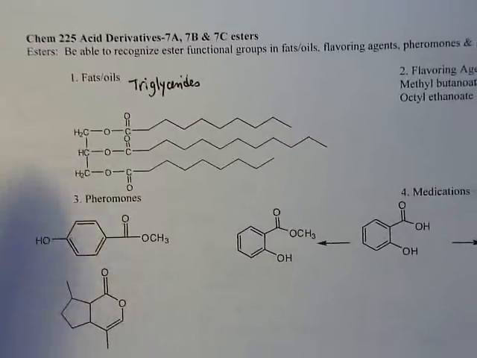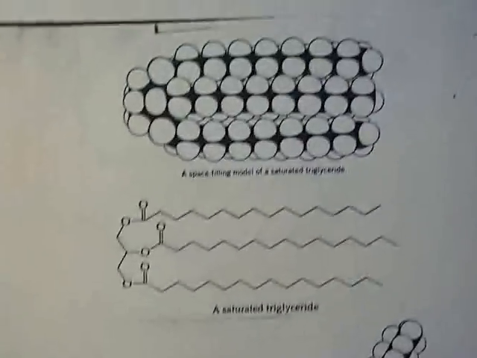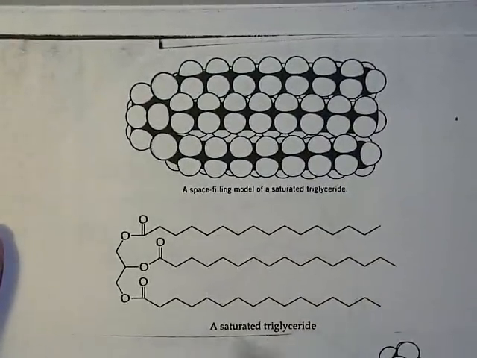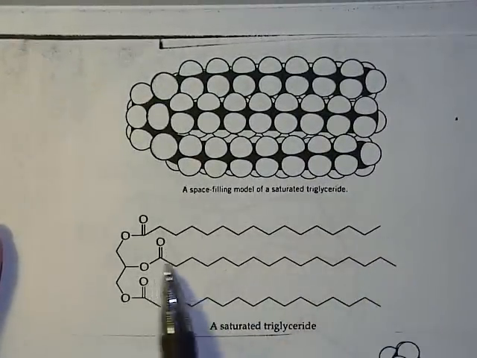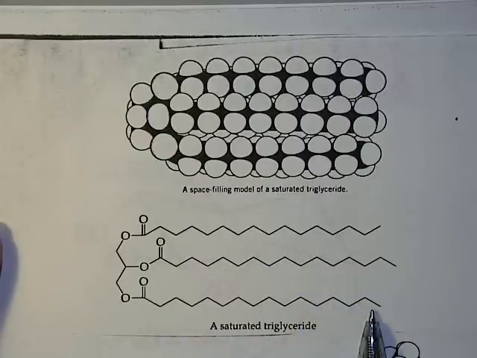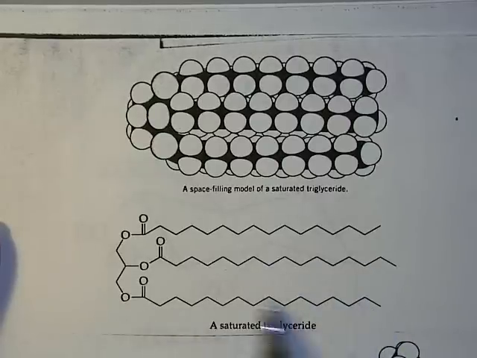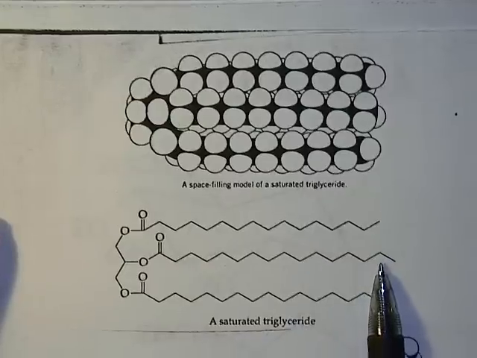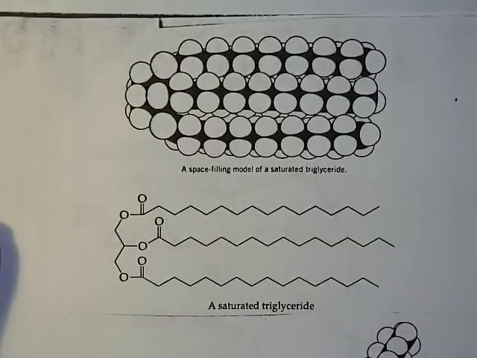We'll be coming back to this, but basically the difference between saturated fat and unsaturated fat is whether or not the R group on the ester is saturated, as in this example here, all just carbons and hydrogens in single bonds. This is what's found in animal fat usually.